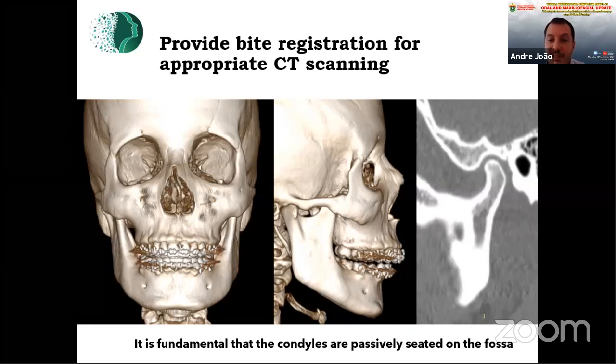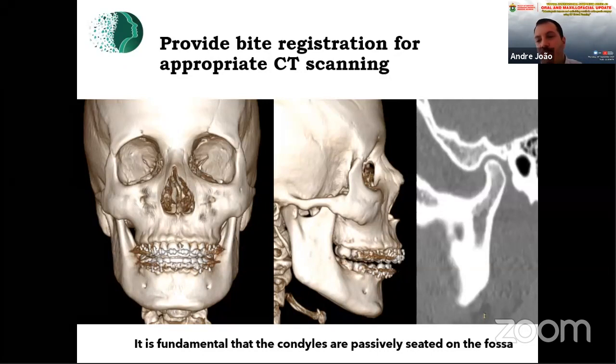If you do this 5 centimeters, it means that the condyle was backwards, so the mandible moved backwards, and to advance 5 centimeters, it's not going to be what you planned. Your mandible would also end up backwards.